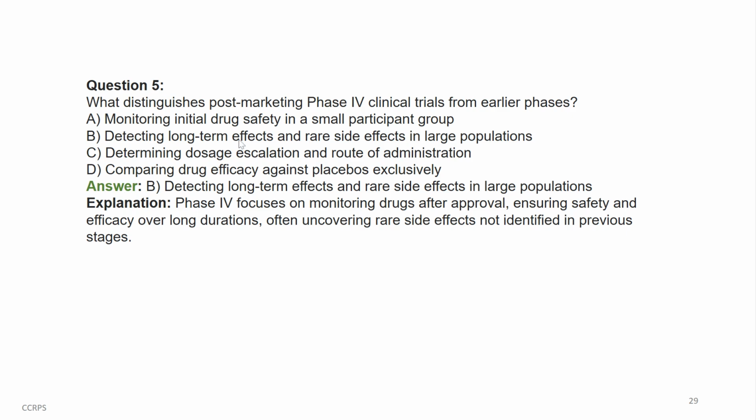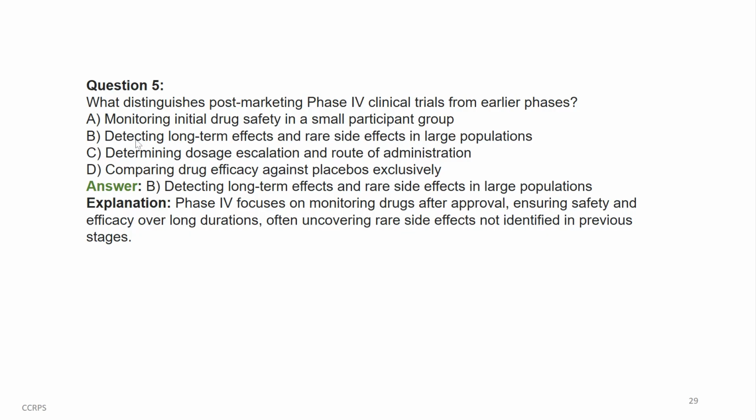Is it D, comparing drug efficacy against placebos exclusively? We know the investigational product or the study medication is tested against placebo or standard of care; this would be phase 3. And here we are talking about phase 4, the post-marketing.